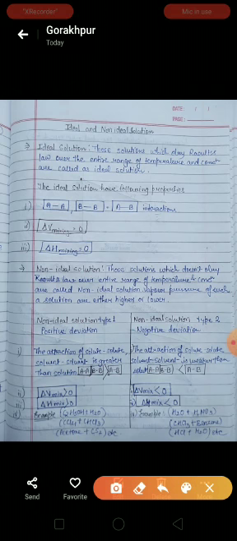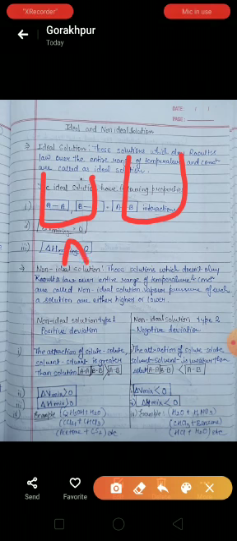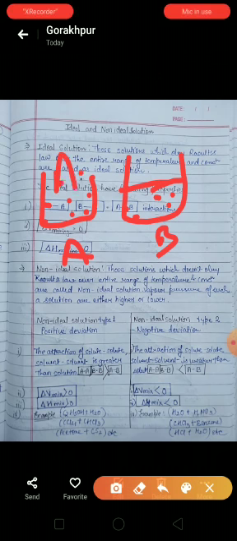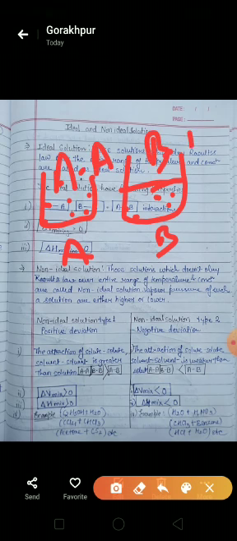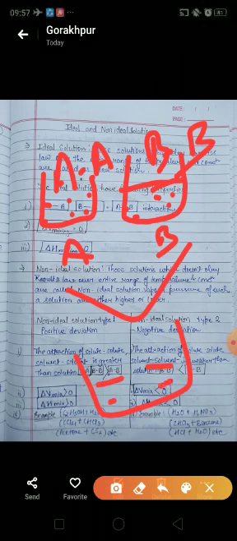That is, as discussed earlier, if we have two components A and B, the interaction of AA and BB is greater than the AB interaction.